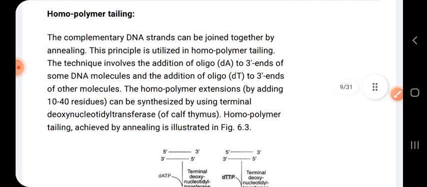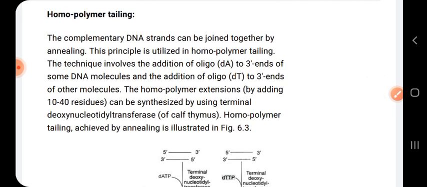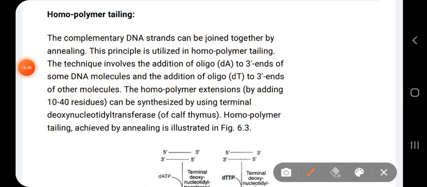Synthesis of single stranded tails at the 3' end of blunt end fragments can be done by the enzyme known as TdT, terminal deoxynucleotide transferase. This process is called tailing. We are actually converting the blunt end into a sticky end in this way also.